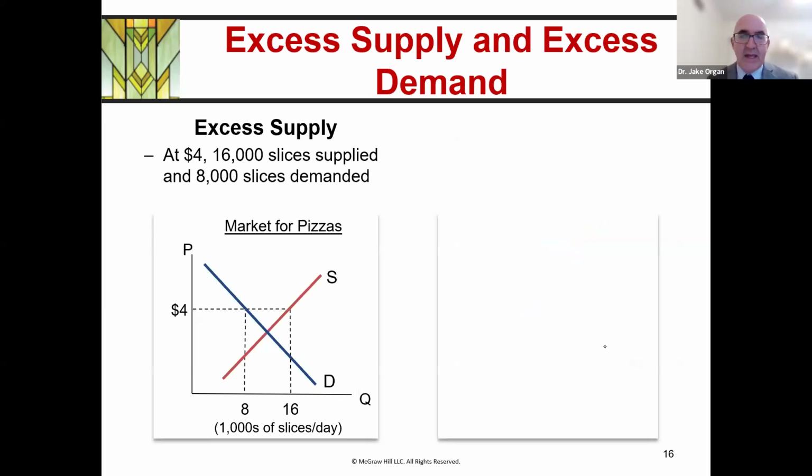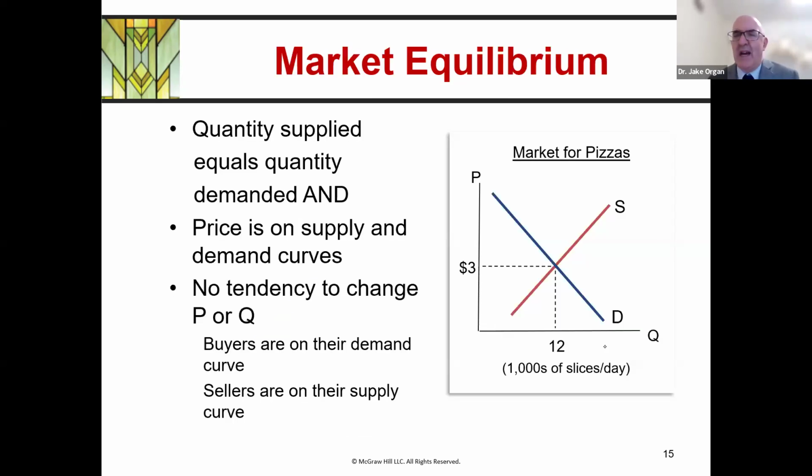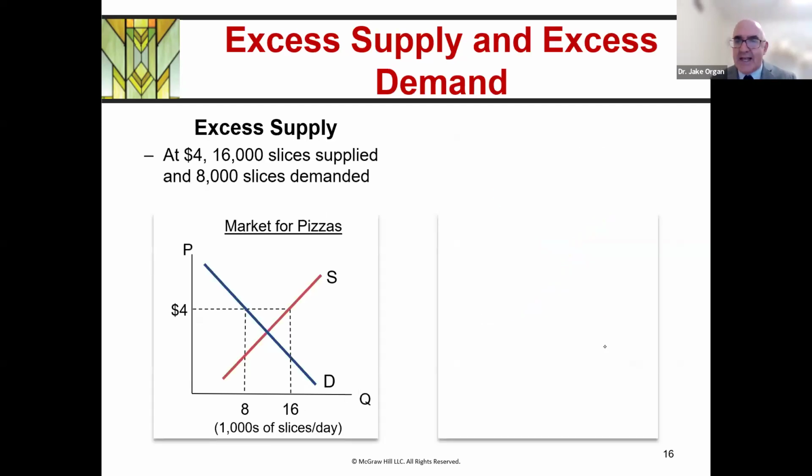But you can say, well, how do we get to that? It's through this process: excess supply and excess demand. So imagine this situation where we look at excess supply. Imagine the price is $4. At $4, there aren't that many people wanting to buy. It's where $4 intersects with the demand curve, so there's only demand for 8,000 slices.